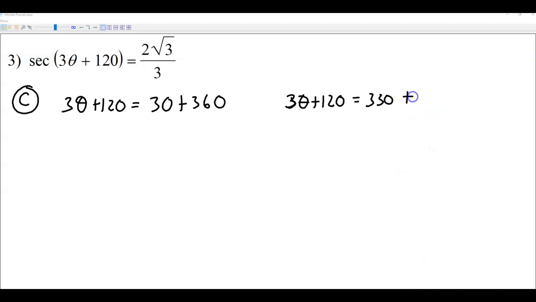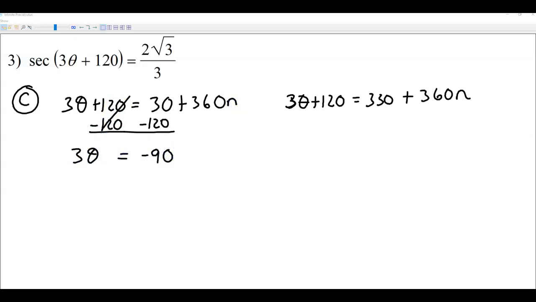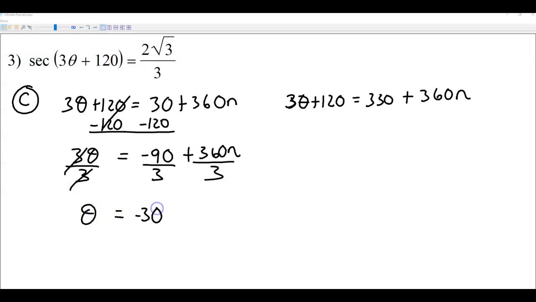All right. And we're going to solve both of these equations. So here we go, minus the 120. All right, next one.